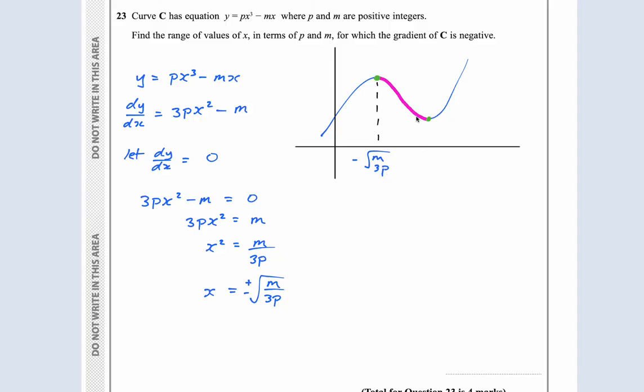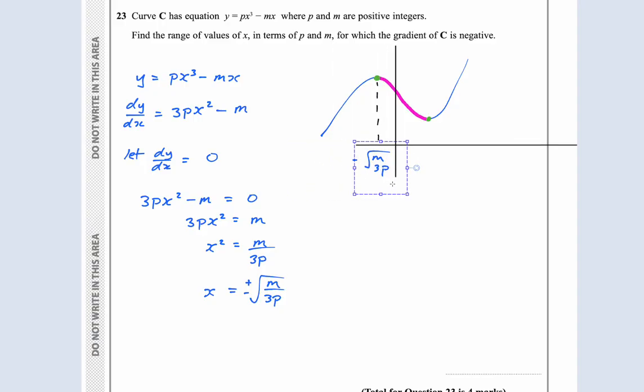And actually, guys, now that I say that, this is going to be a negative value, so this would be more like this.